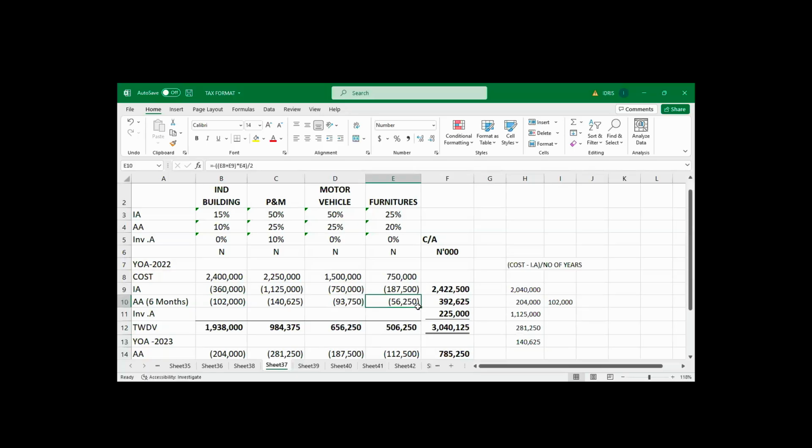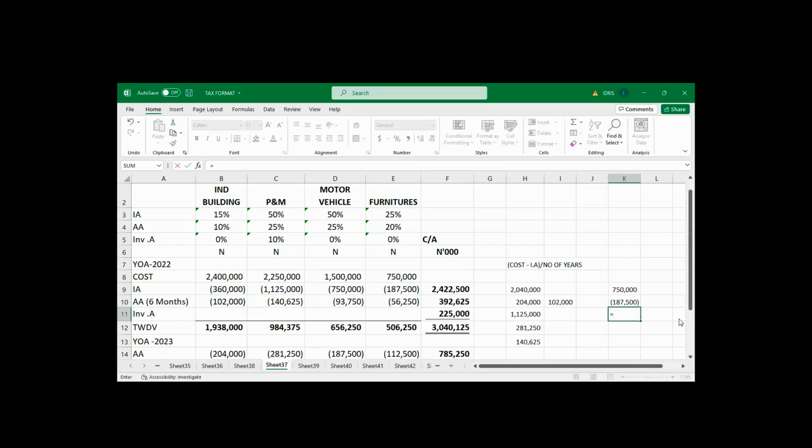Cost minus initial. The cost is 750,000 minus the initial, which is 187,500. This is cost, this is initial.